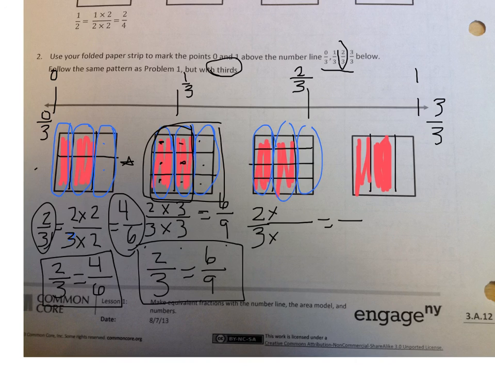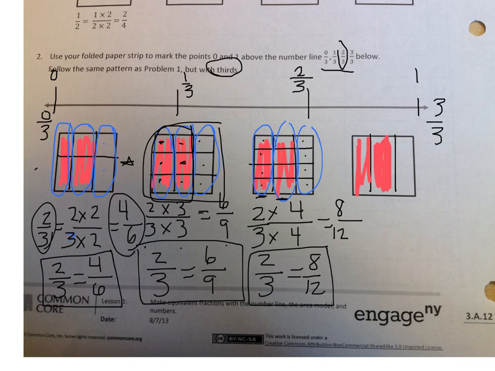So we're going to look at what we're going to multiply by. Well, in each one of these thirds, there are 1, 2, 3, 4 pieces. We have 2 groups, one group here and one group here, and each of them has 4 pieces. So 2 groups with 4 pieces gives us 8 pieces shaded, and 3 groups, with 4 in each one, gives us 12 pieces total. So 2/3 is equal to 8/12.